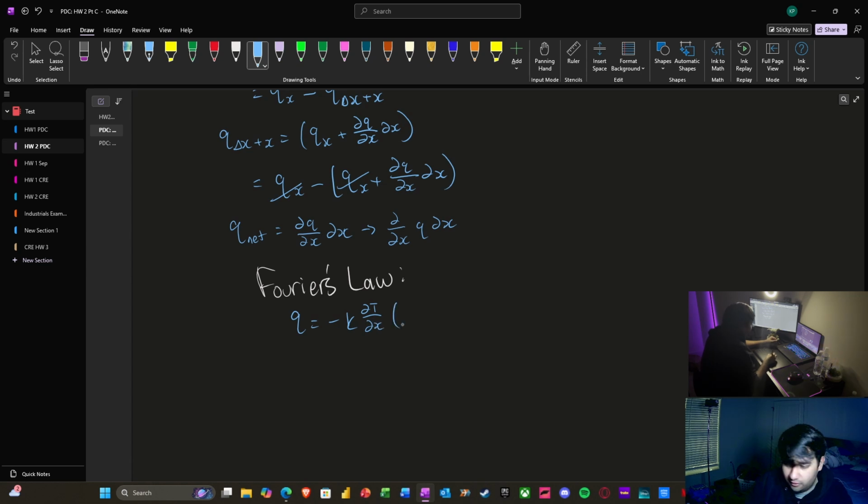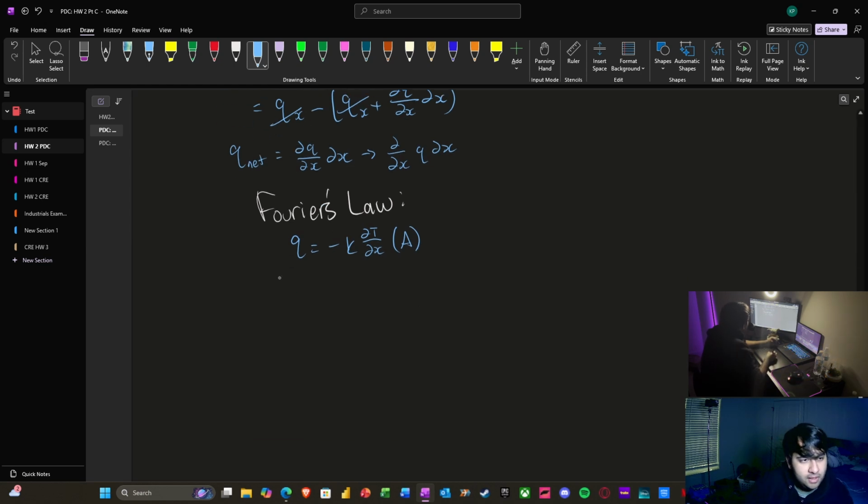And since we are looking at area, we're also going to multiply this by our cross-sectional area and plug it into that Q net equation. So we get Q net equals d over dx. Actually, I think it's supposed to be negative. Yeah, that's negative, times negative k times A dT over dx times dx. So we have our first equation pretty much set up.